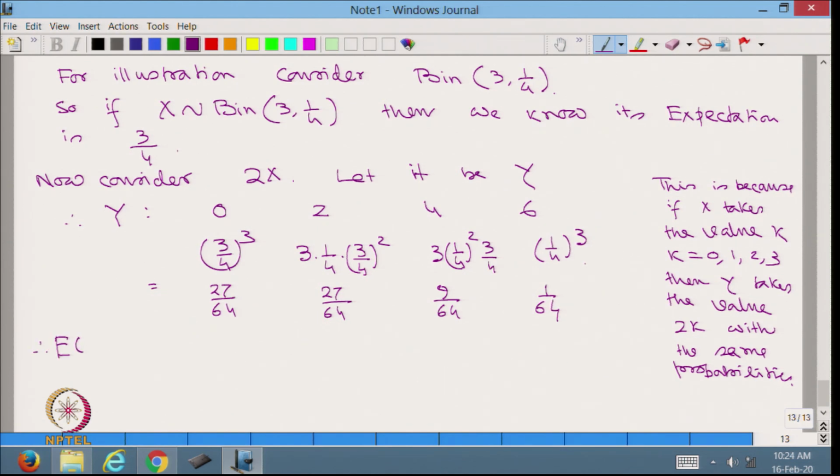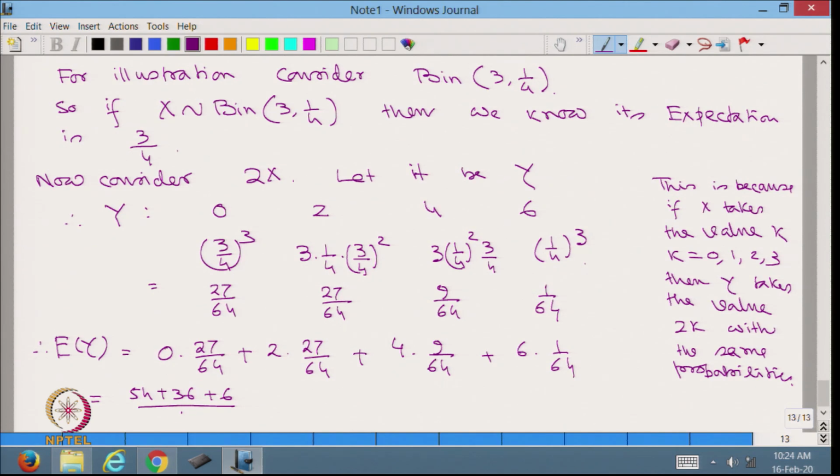Therefore, expected value of y is equal to 0 into 27 upon 64 plus 2 into 27 upon 64 plus 4 into 9 upon 64 plus 6 into 1 upon 64, which is 54 plus 36 plus 6 upon 64, equal to 96 upon 64, equal to 6 by 4, equal to 2 into 3 by 4.